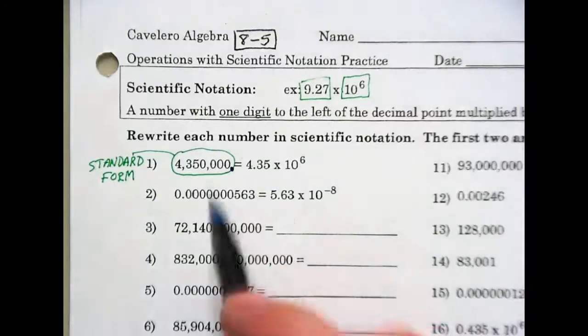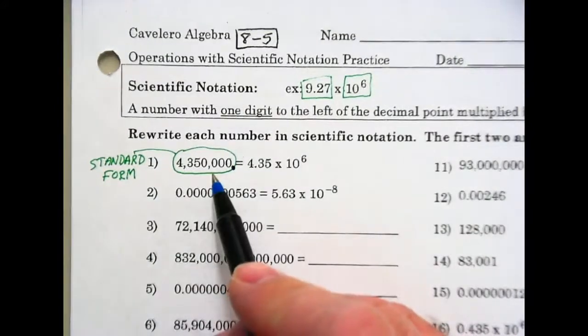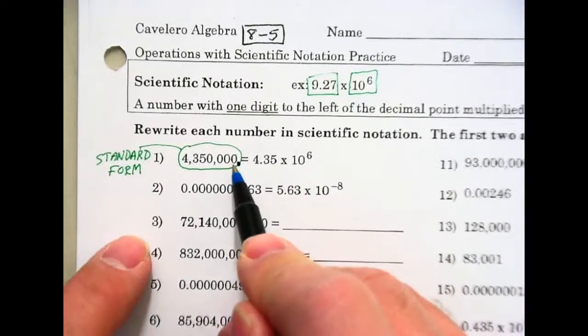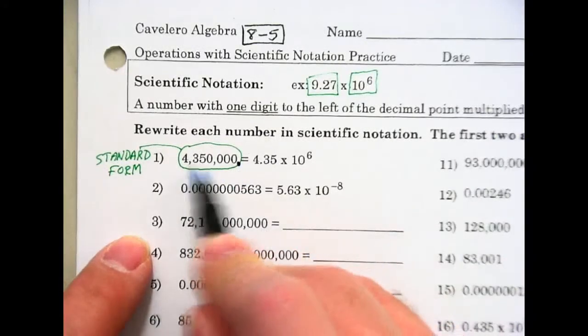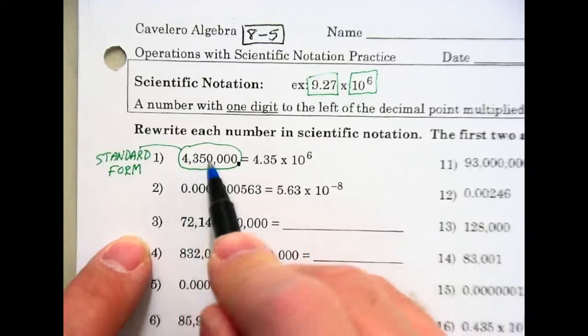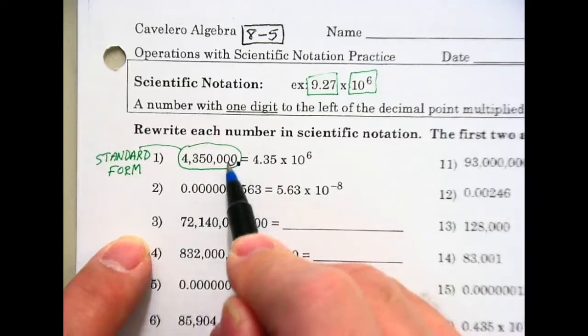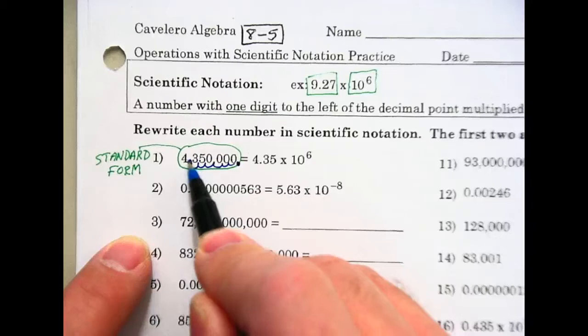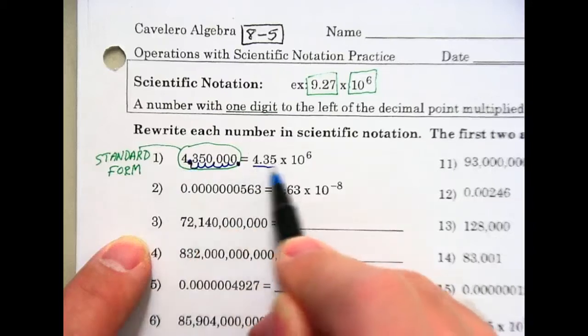So in order to put this in scientific notation, you need to form a number that goes between 1 and 10, or you have to move that decimal all the way to the left in between the first two real numbers. Okay, so in this case, we move it 1, 2, 3, 4, 5, 6 spots to get to 4.35, and that becomes the number we write here.